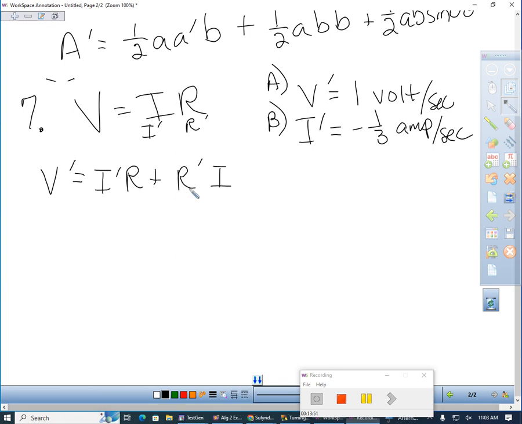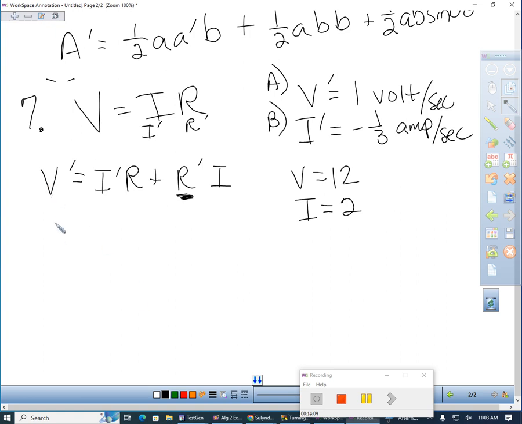Part D says find the rate at which R is changing. So we're going to be solving for R prime because that's a rate, when V equals 12, I equals 2, and then it wants to know is R increasing or decreasing. So we have V prime, we have I prime, we have V, and we have I. Let's plug all of that in and solve for R prime.